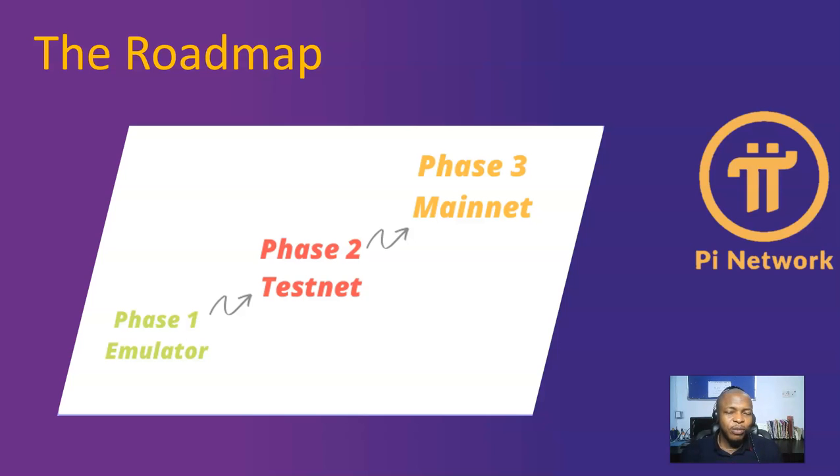We are expected to be in phase 3 by the end of this year 2021 or the beginning of 2022. Phase 3 is now launching all the adjustments that have been made in the testnets onto the mainnet. Here it will be difficult to alter it because it is now completely decentralized, but right now it is not, it's still being tested and adjusted.